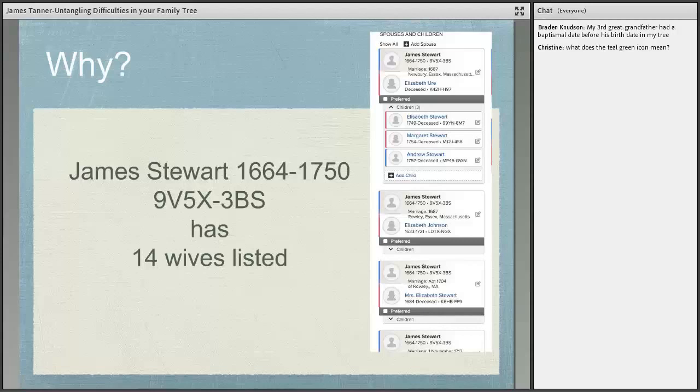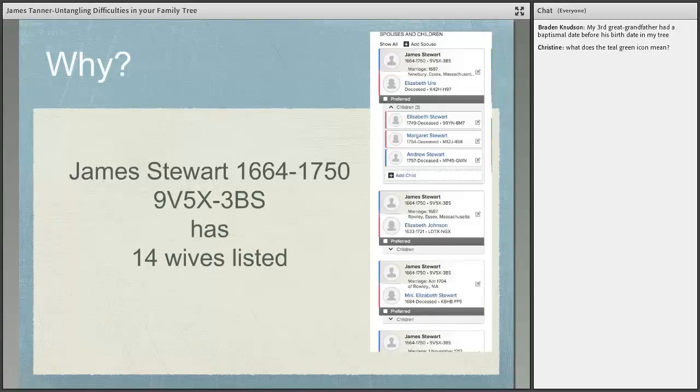So would it help you also to know that the James Stewart that we just looked at has listed with him 14 wives, 14 different wives, including many who are named Mrs. Stewart, or Mrs. Elizabeth Stewart, or Elizabeth Johnson, or any other names. In fact, 14 different ones.